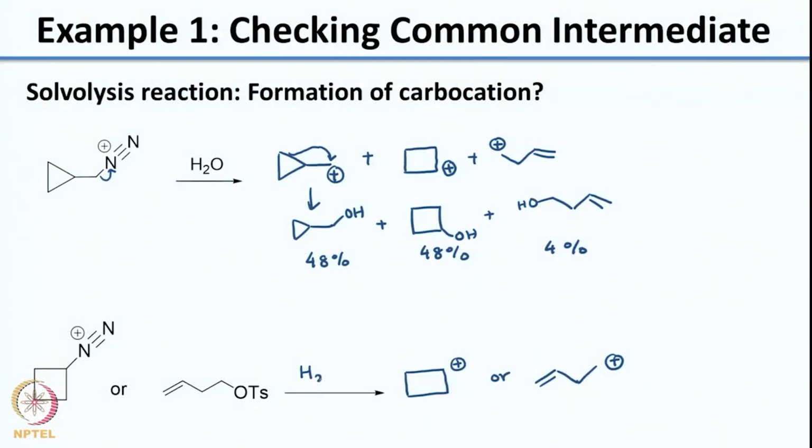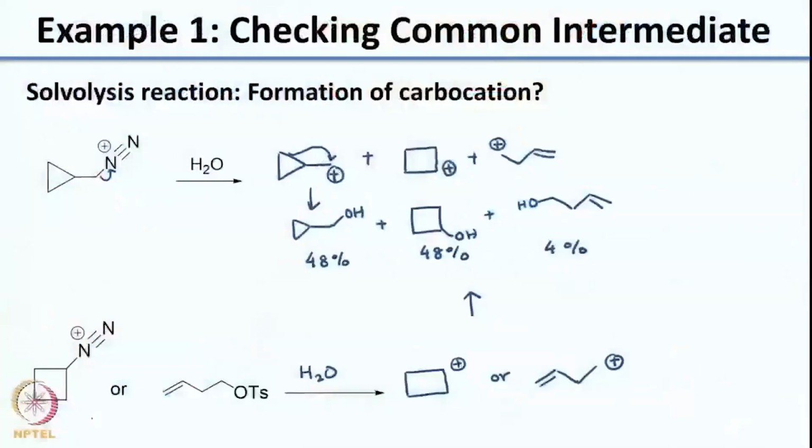Now how to actually understand whether this is taking place? If I do the reaction in the presence of water, what is seen is that I get an identical distribution of products. I get 48% of both of these cyclic products and the acyclic product in 4% irrespective of which reactant I use.